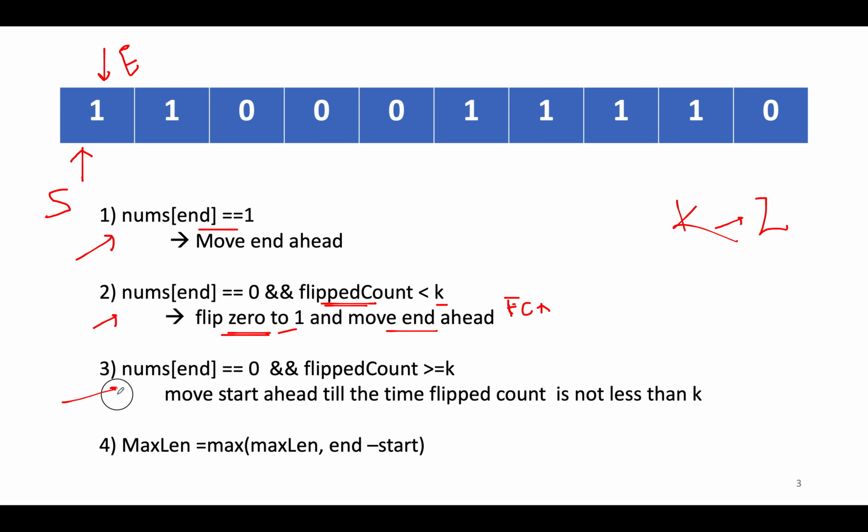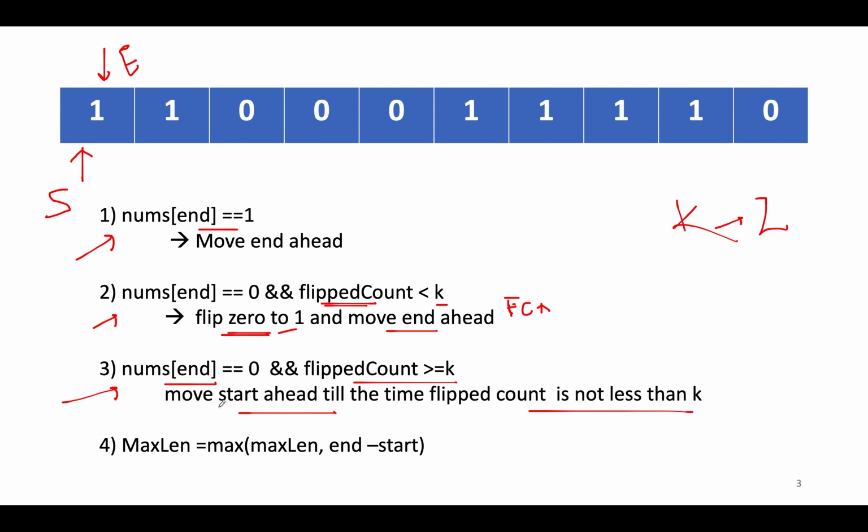If my current element at the end index is 0 and flip count happens to be greater than or equal to the max allowed value that is k, what we will do is move the starting pointer ahead till the time the flip count becomes less than k.